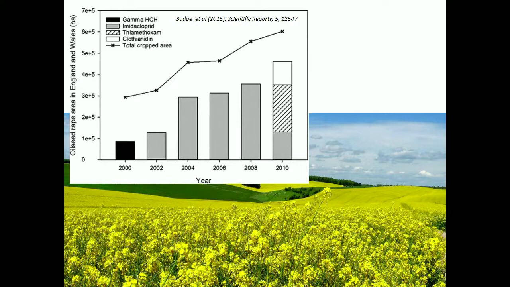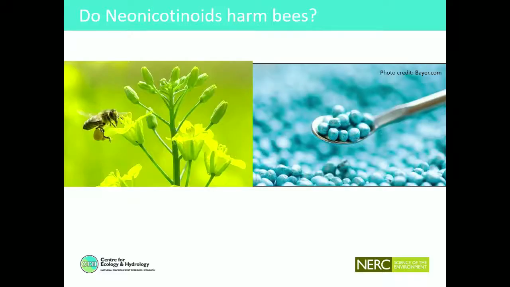Good. So what does this mean for us and for bees? Well, these chemicals are applied to the seed, as shown here on the right. They coat the seed, and the pesticide is then expressed systemically throughout the whole of the tissue of the plant.